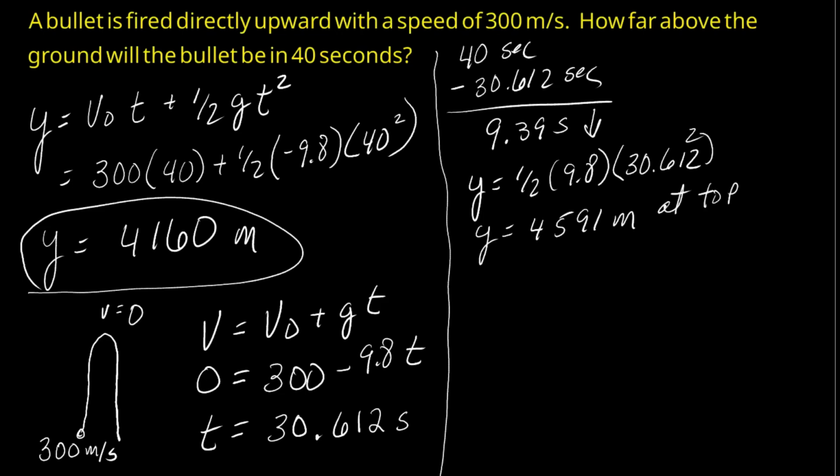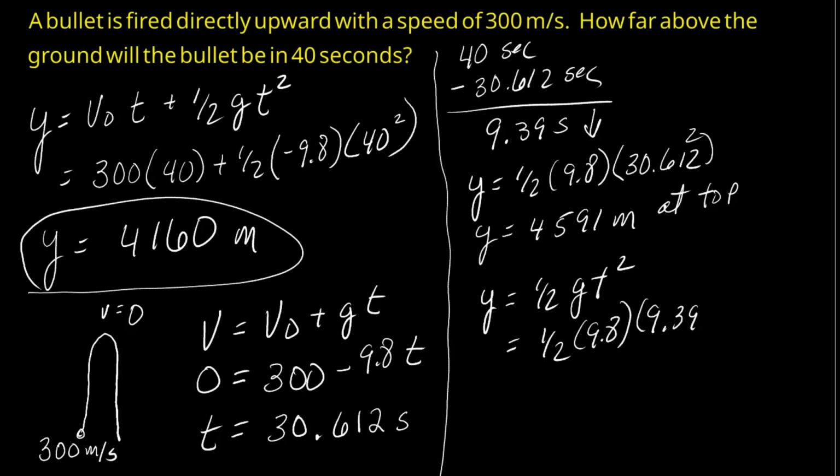Now it's going to free fall for 9.39 seconds. So again, we'll say y equals 1/2 gt squared. This time it's going to be 1/2 9.8 times 9.39 seconds squared.